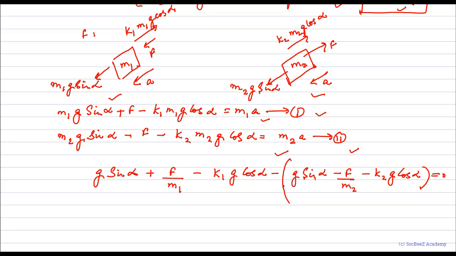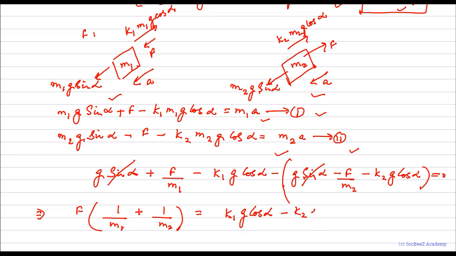Okay, so I get this g sin alpha cancelled. Okay, and then I get an expression like f into 1 by m1 plus 1 by m2 equals k1 g cos of alpha minus k2 g cos of alpha.